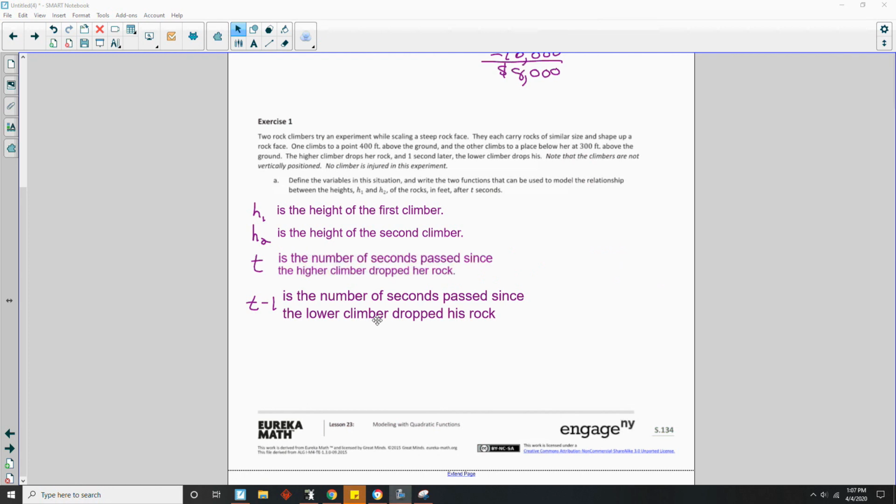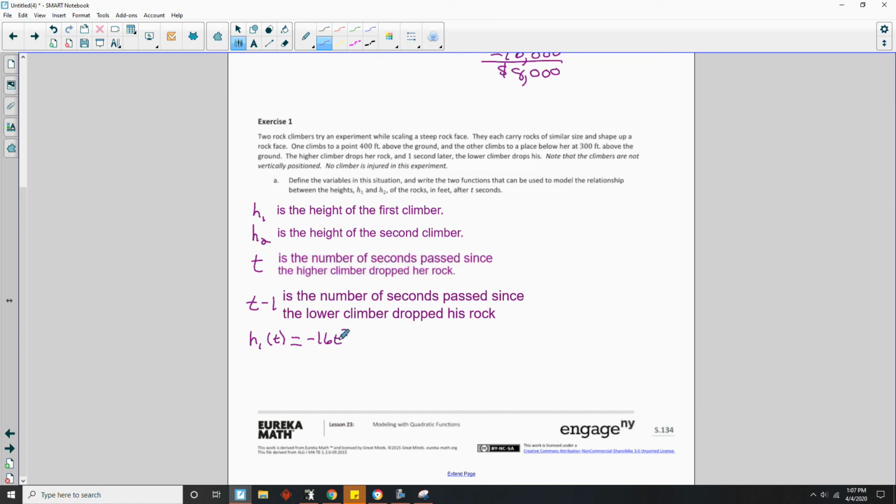All right, so we have H sub 1, we have H sub 2, we have T for time, we have T minus 1 for his time, and now we finally have H sub 1 of T equals negative 16T squared plus 400.